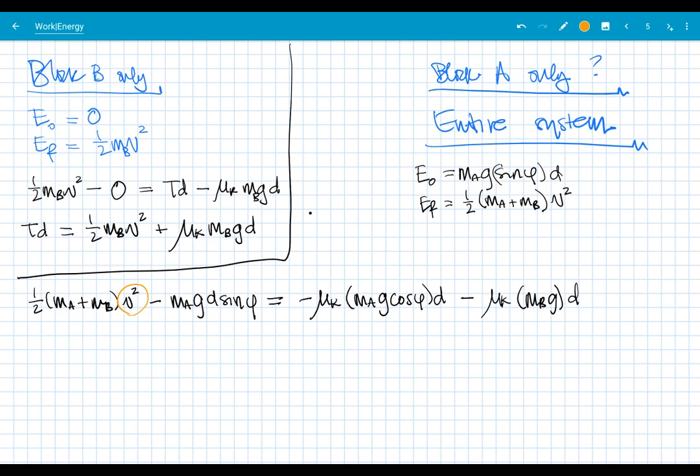I'm probably going to have pretty good luck with that, as I see that if I were to isolate this term over here, all of my terms are going to contain some d's in there. So I'll probably be okay as far as that goes. And if my d doesn't go away at this step, then hopefully it'll go away when I substitute it up here for block B in order to find the tension.